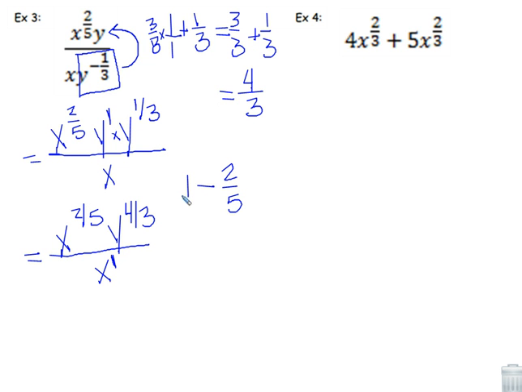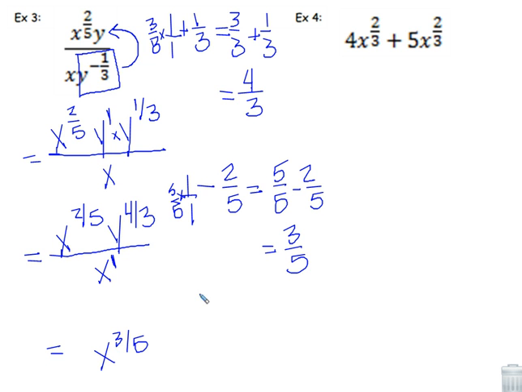And just like up here, we got to get a common denominator, so let's multiply this one by 5. So we have 5 over 5 minus 2 over 5, which gives us 3 over 5. And remember, since our bigger power was in the denominator, that's where that answer remains. So I need an x to the 3/5 in the denominator in the bottom, but I still have the y to the 4/3 up top.